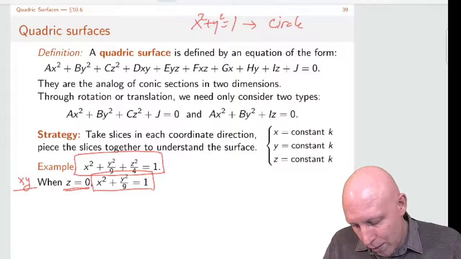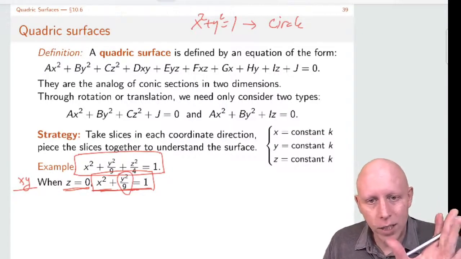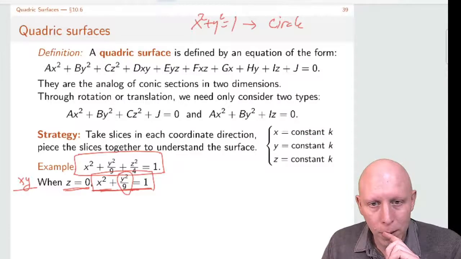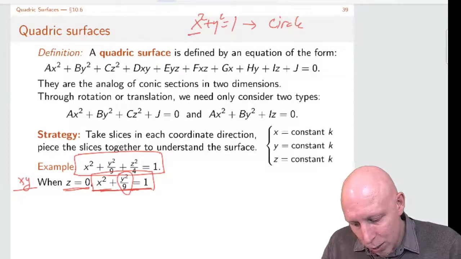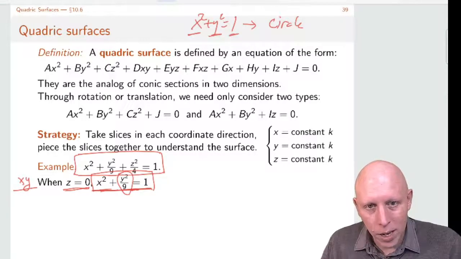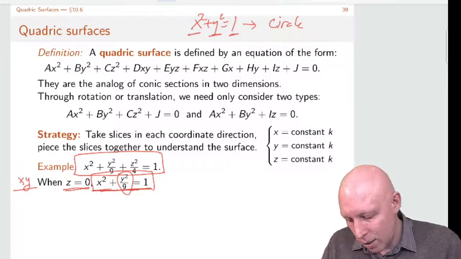But in this case, we have x squared plus y squared over 9 is equal to 1. What that's saying is we've done a shift in the y direction. Up here, with x squared plus y squared equal to 1, I look at that as saying the x direction can extend from -1 to 1.